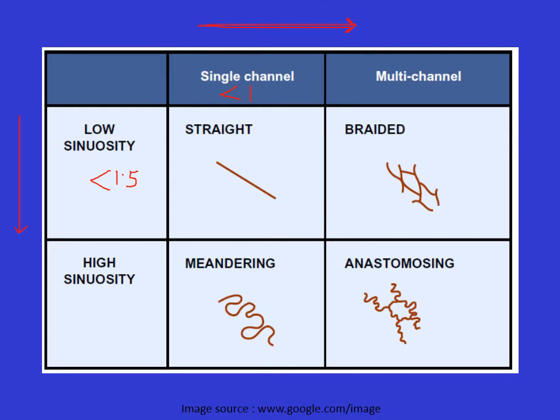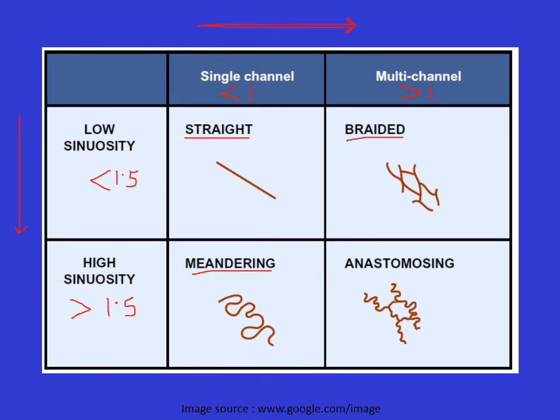So if these two criteria are satisfied, that means sinuosity value less than 1.5 and multi-channelness less than 1, then the river is a straight river. In this quadrant, when the sinuosity value is less than 1.5 but braiding parameter or multi-channelness value is greater than 1, then the channel is known as a braided river. Similarly, in this quadrant, the sinuosity value is greater than 1.5 and the braiding parameter is less than 1, then the river is a meandering river.